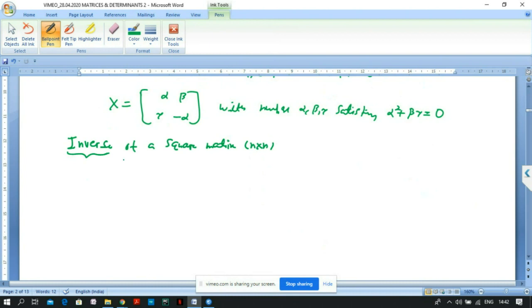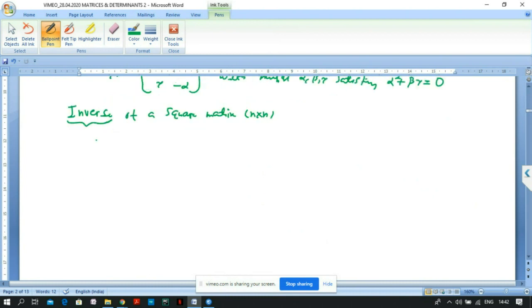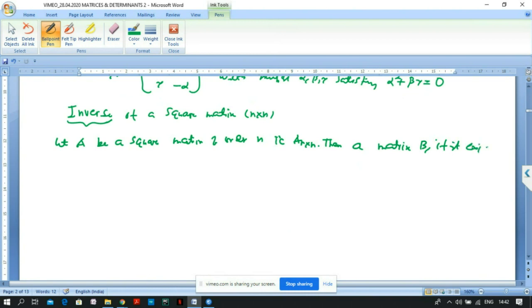So the definition says that let A be a square matrix of order n, that is A is an n by n matrix, then a matrix B, if it exists, we don't know if it exists or not, such that AB equal BA equal to I. Rather than I_N, we'll call it I for brevity.